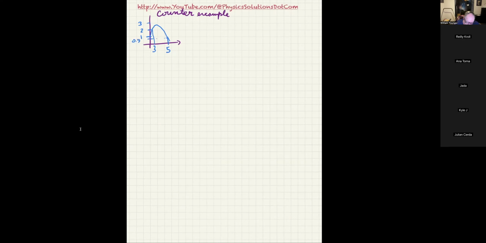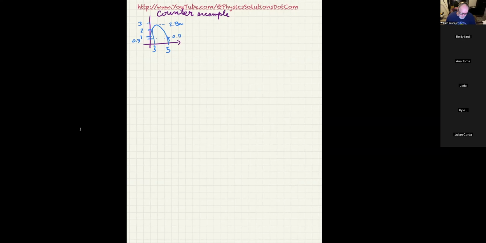Now, in this case, the total distance traveled is, you can see from 3 seconds, it went from 2 to about 2.8. And after that, it went from 2.8 down to 0.9 at 5 seconds.